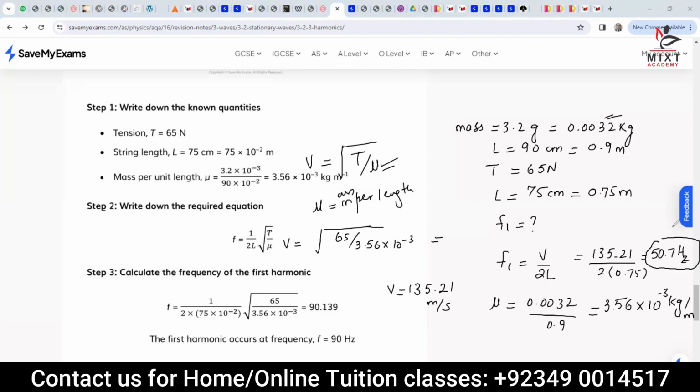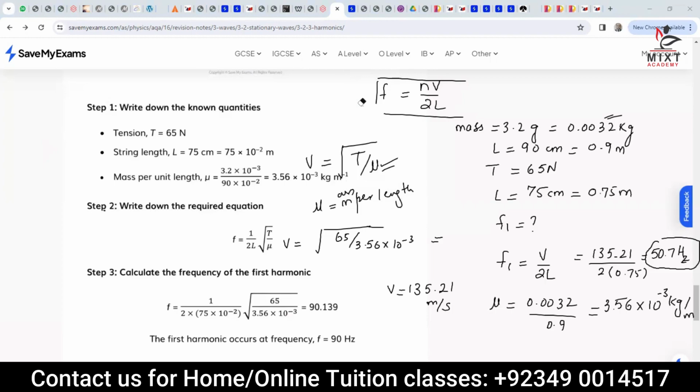So basically, how many formulas have we learned in this standing wave? One formula is for the frequency, which is NV divided by 2L. I want you to write these formulas so that you will remember them.